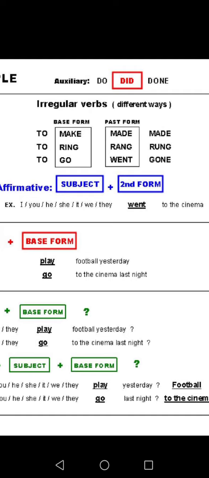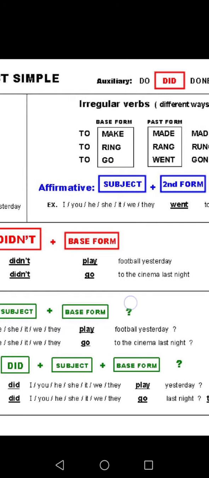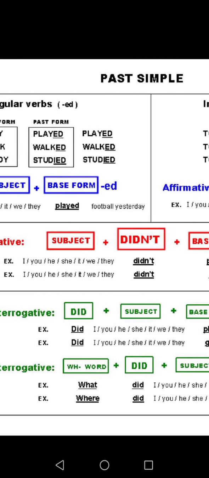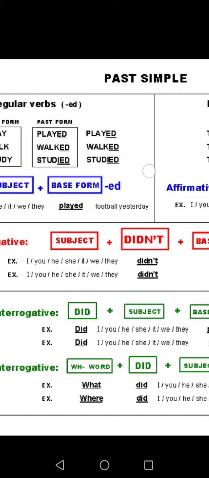We went to the museum, we went to the restaurant, etc. So this is the difference, please, between regular and irregular. Never, never forget that.